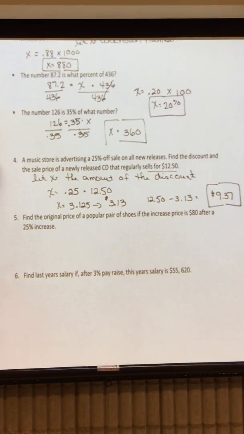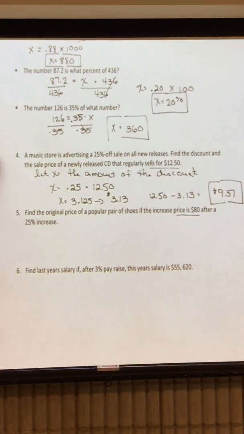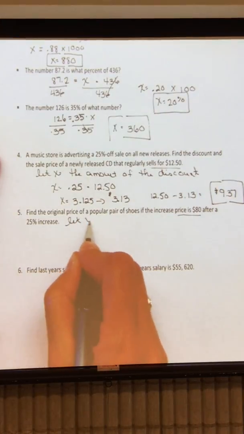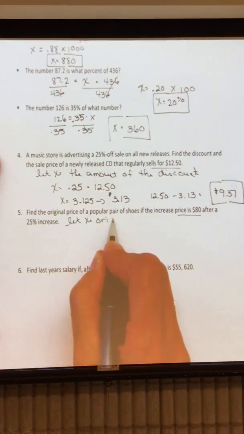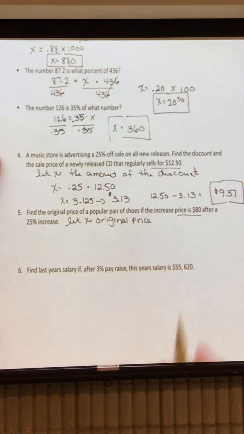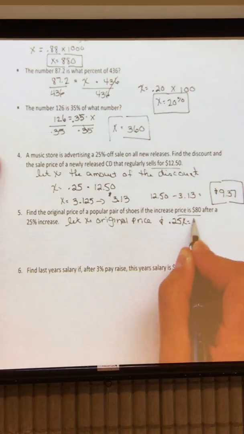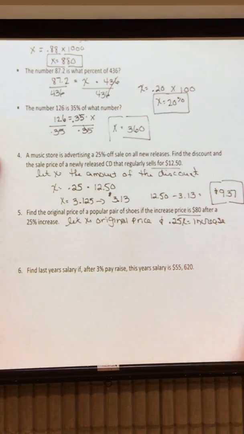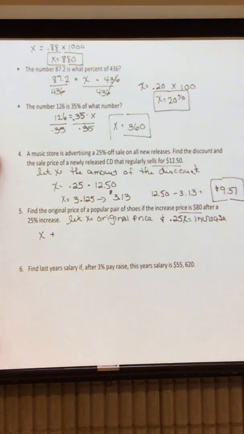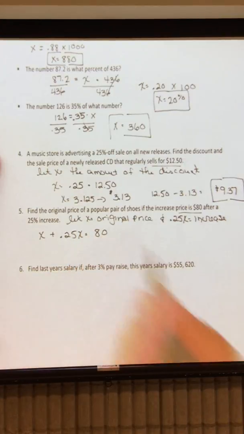Number 5, find the original price of a popular pair of shoes if the increased price is $80 after a 25% increase. So again, let x be the original price of the shoes, and let 0.25x be the increase. So now we have the original price of the shoes, which is x, plus the increase, 0.25x, is equal to $80.